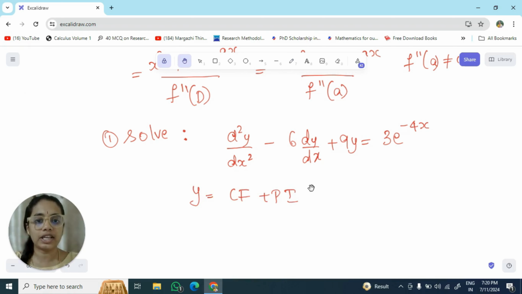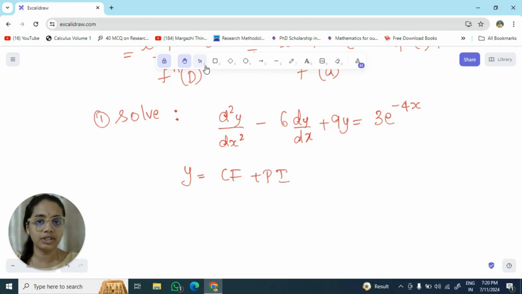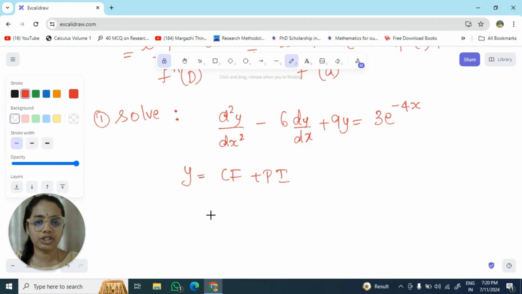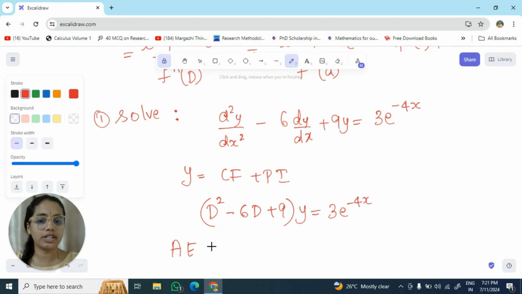How do you find the CF of the given differential equation? We can rewrite the differential equation as D square minus 6D plus 9, taking y common, is equal to 3 e power negative 4x. Now to find the CF, the first step is to find the auxiliary equation.